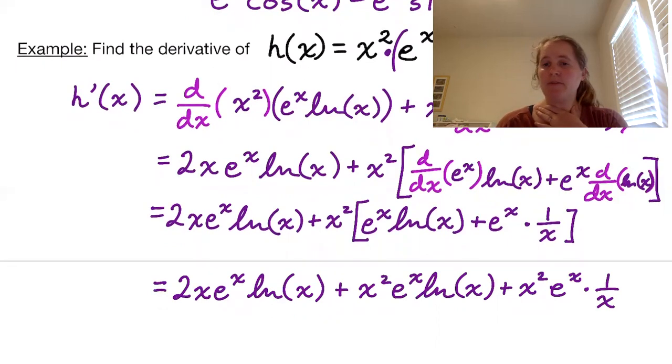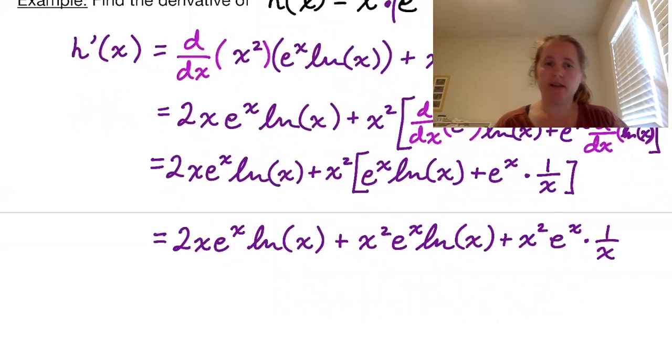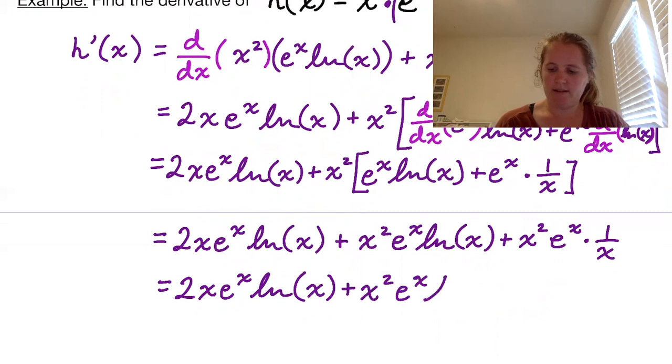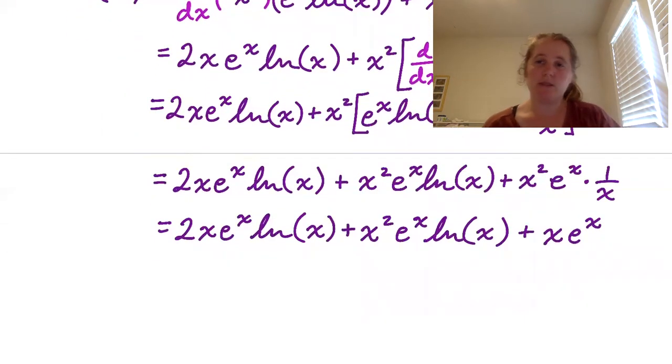Technically, we could simplify that last one, x squared over x. So this is 2x e to the x natural log of x plus x squared e to the x natural log of x. And then this would just be plus x e to the x. Technically, when we cancel, we need to keep record. So we canceled out an x and an x squared here.